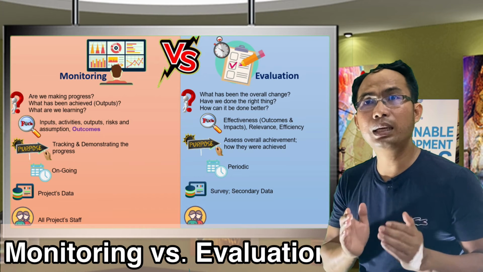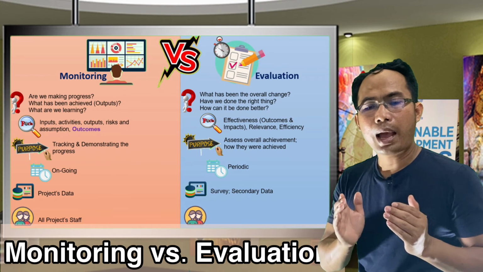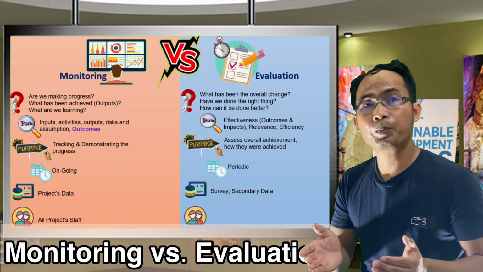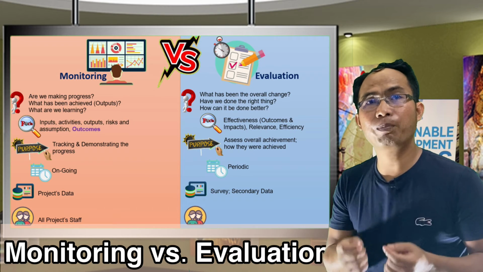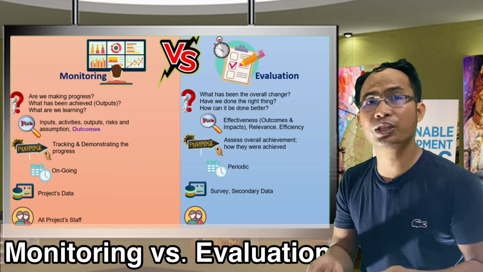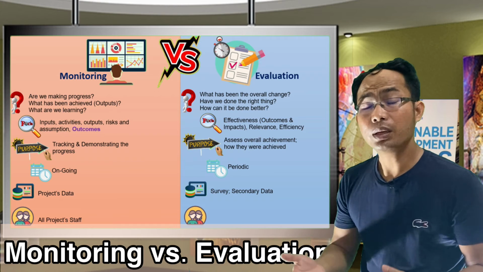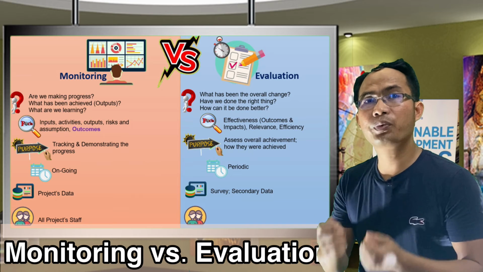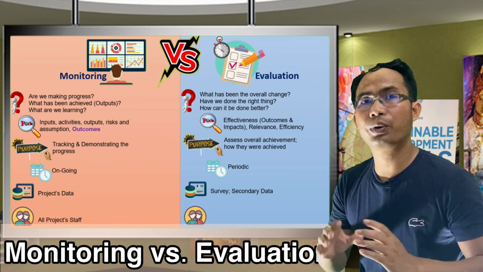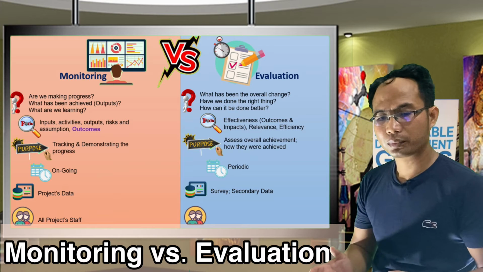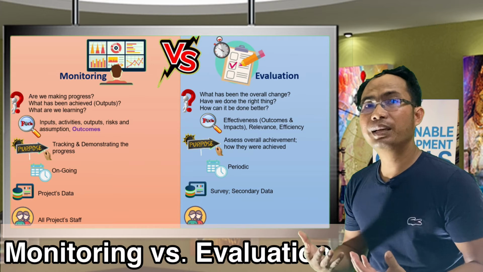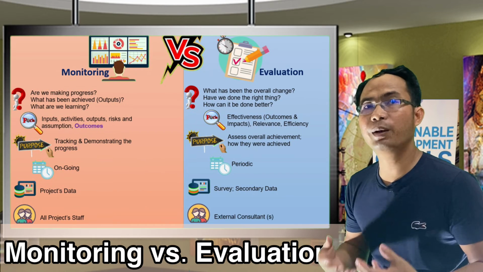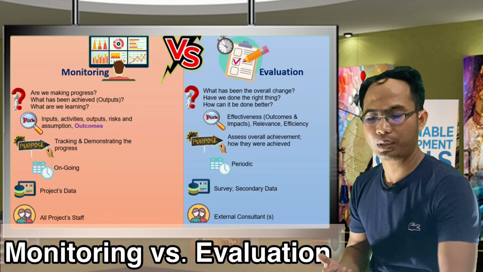You need to know clearly what sort of output has been achieved and what sort of output has not been achieved in this quarter. So that should be your obligation to know that as a project manager or program manager. It is not an obligation of M&E staff alone to do monitoring. So everyone is involved in monitoring activity.